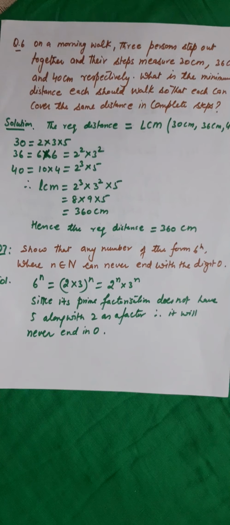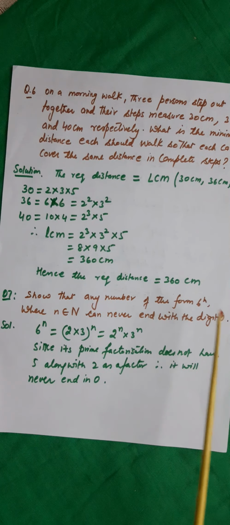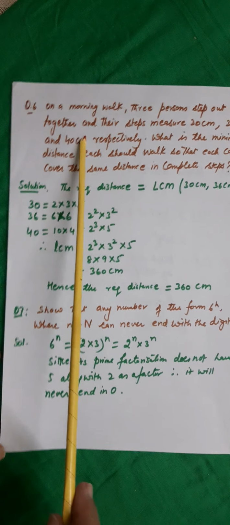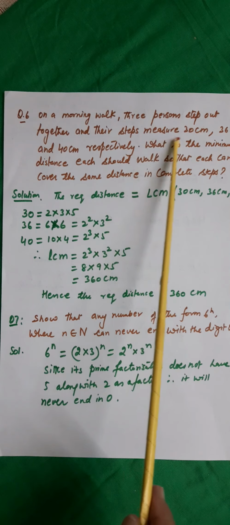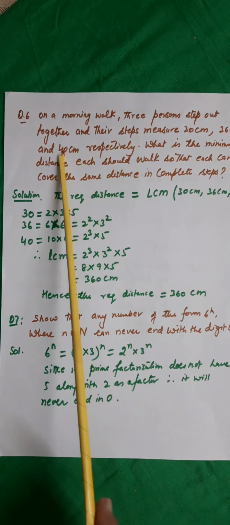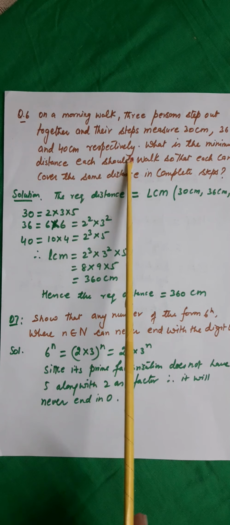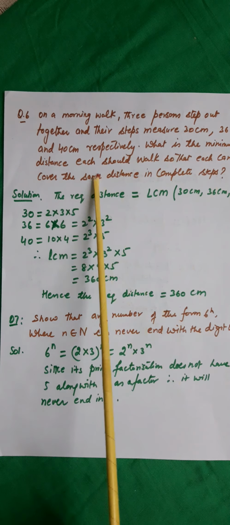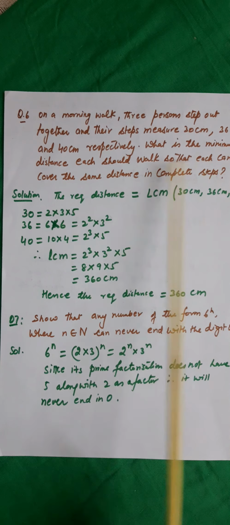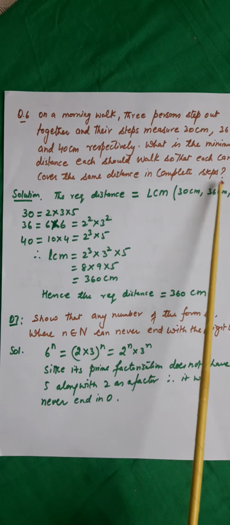Question number 6. On a morning walk, 3 persons step out together and their steps measure 30 centimeters, 36 centimeters and 40 centimeters respectively. What is the minimum distance each should walk so that each can cover the same distance in complete steps?